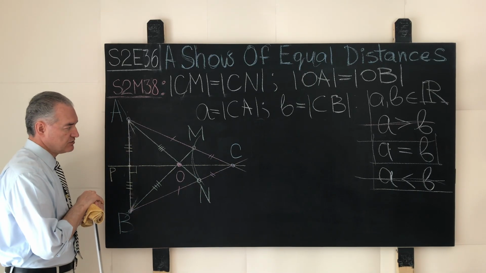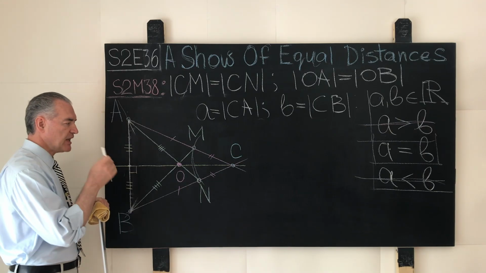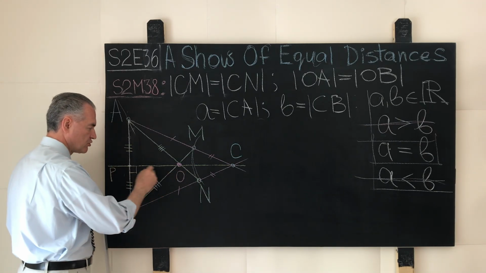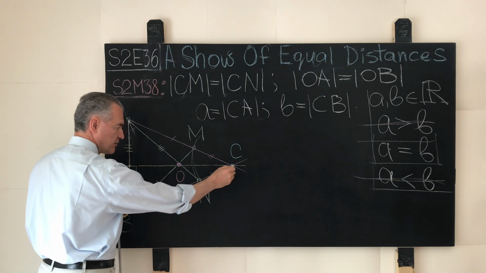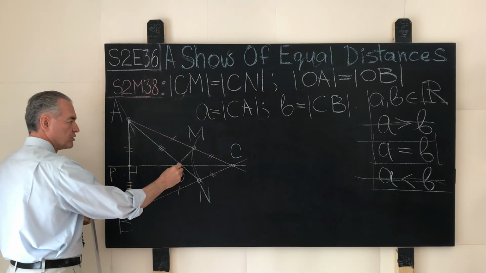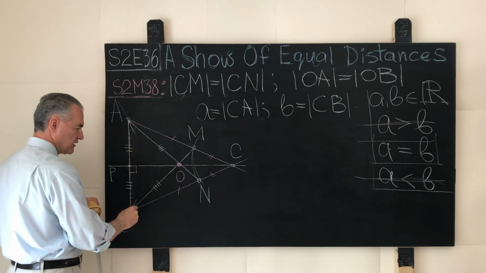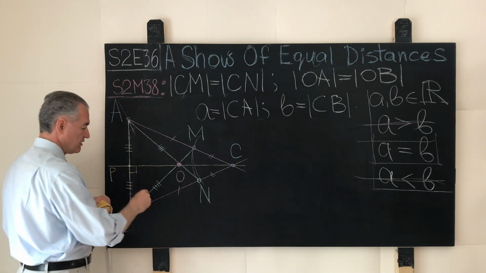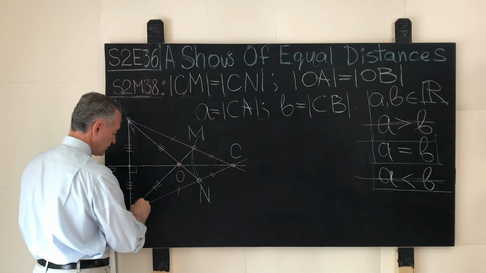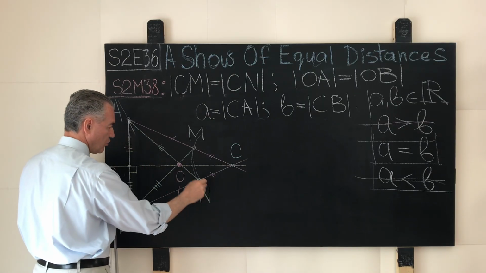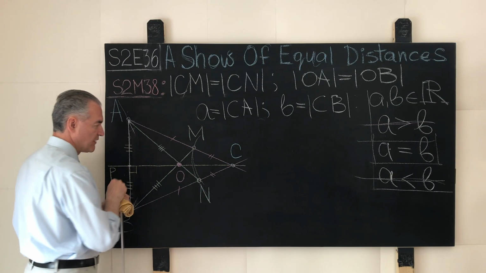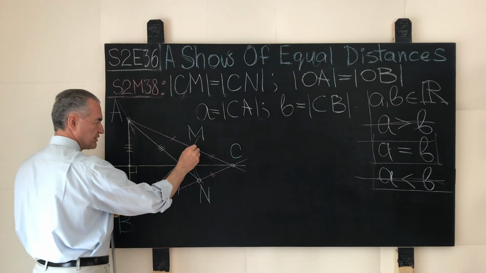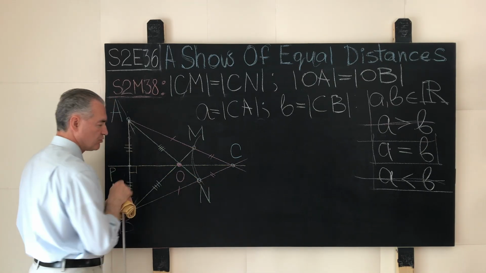And let us say that we picked a point O on the perpendicular bisector, or on the height of the triangle, that emanates from the vertex C. That point O, we know that it is equidistant from the vertices A and B, and then we extended these line segments BO and AO into the points M and N. Can we show that the points M and N are equidistant from the point C?